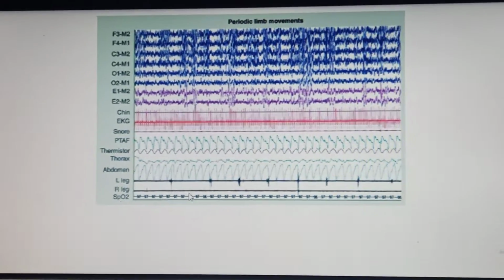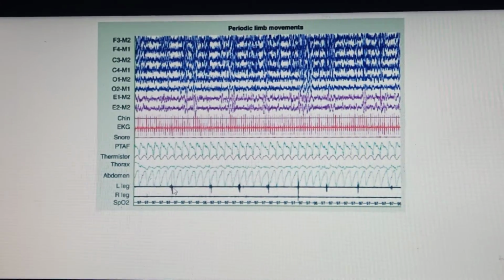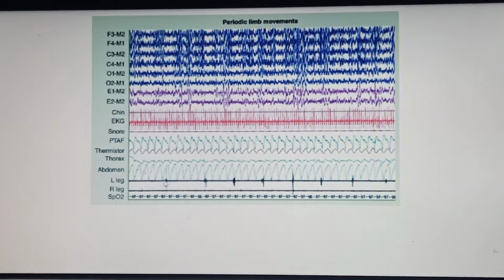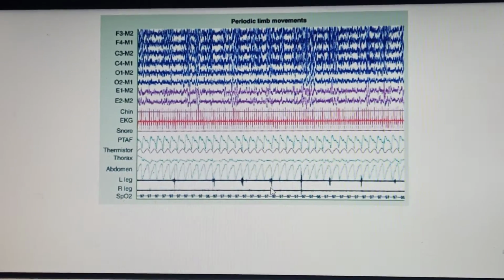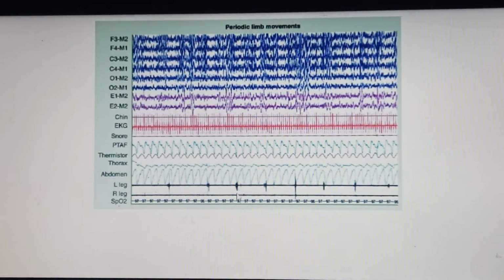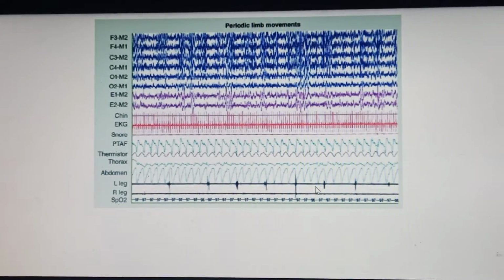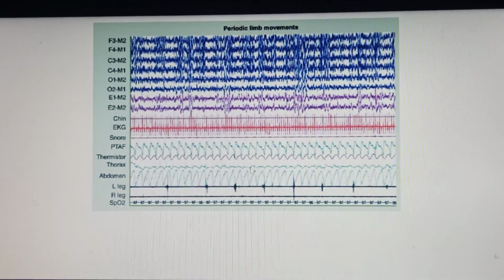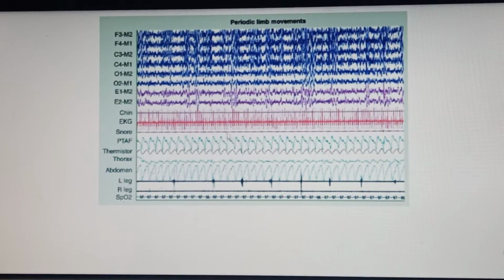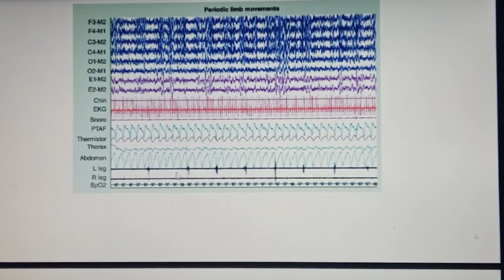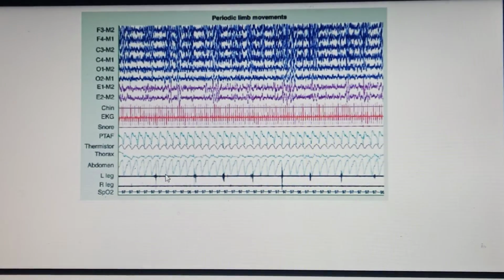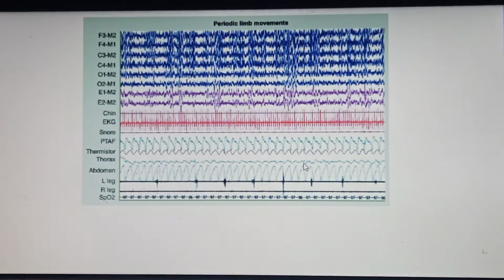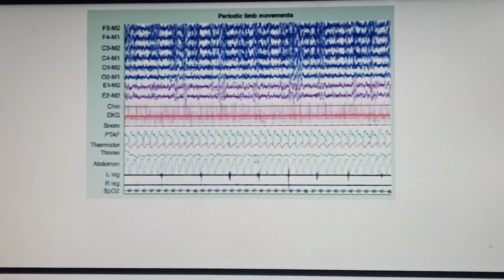This is a leg movement here, this is a leg movement, and this is also a leg movement. So there should be a minimum of 4 leg movements to be scored as periodic leg movements within 5 to 90 seconds. If you see 4 leg movements from 5 to 90 seconds, that will be scored as periodic leg movements.